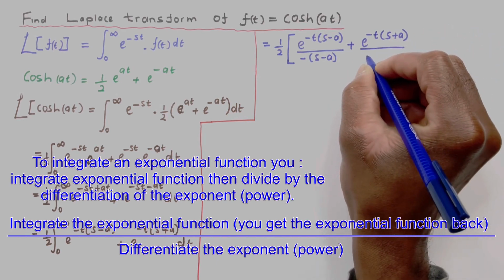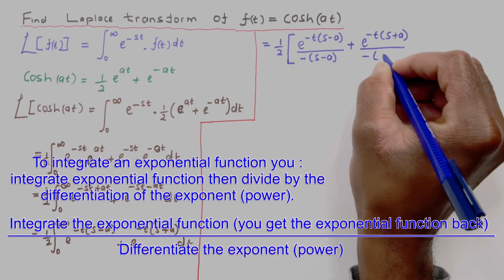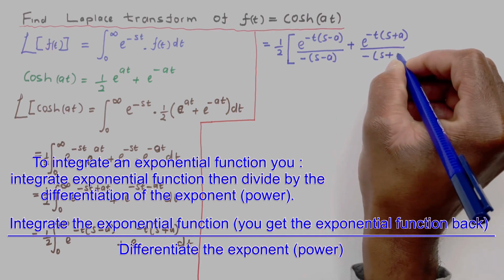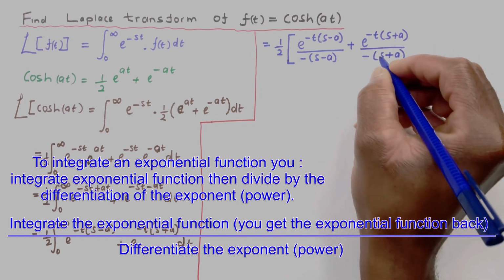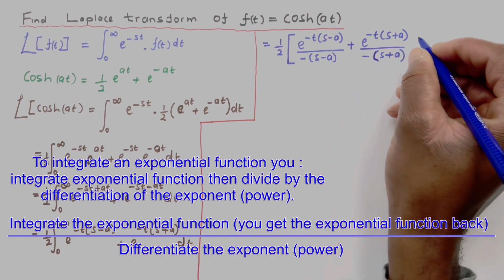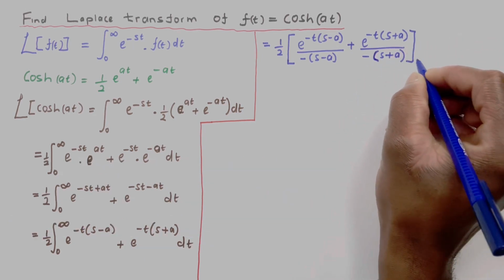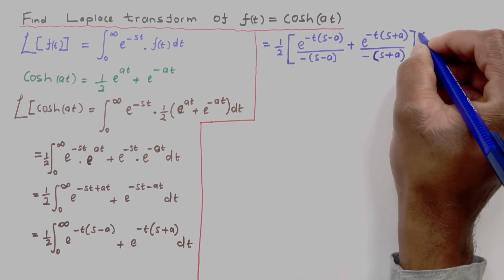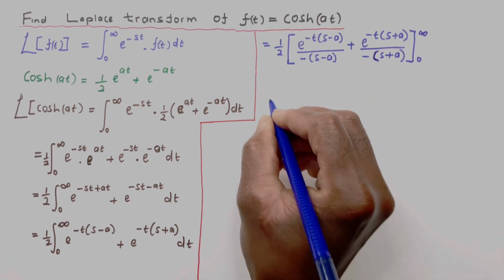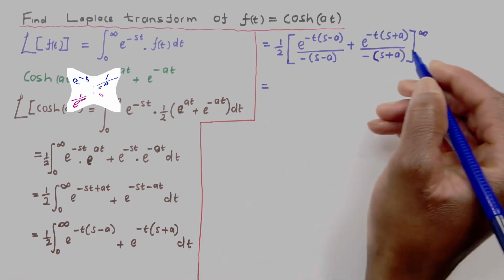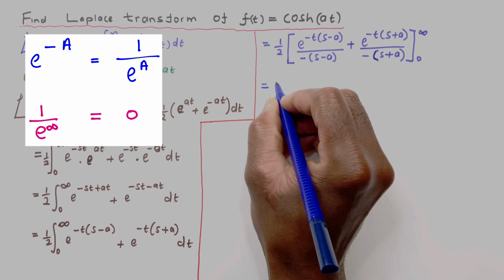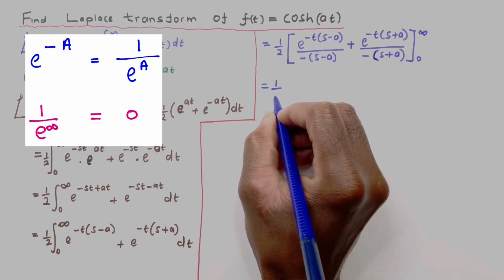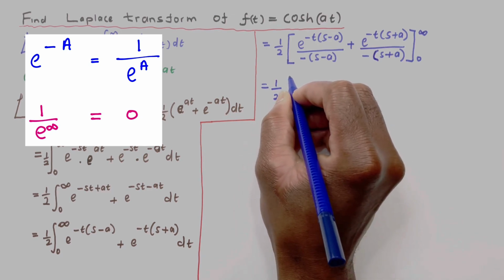The derivative of that will be minus s plus a. We're going from 0 to infinity. And equal to, well, we got a half. So I want to split it up now.